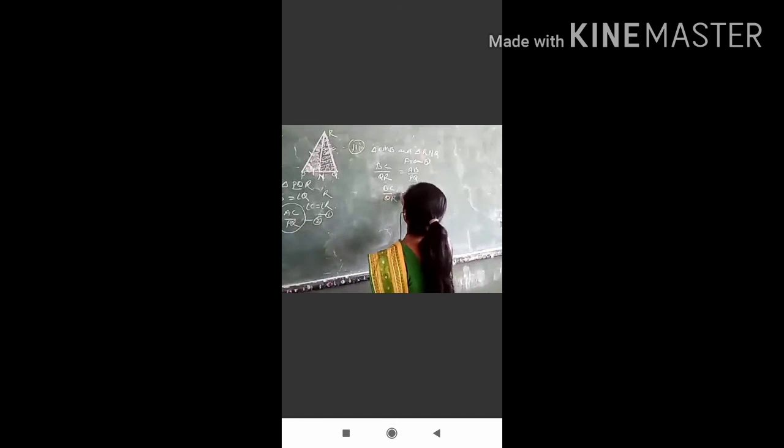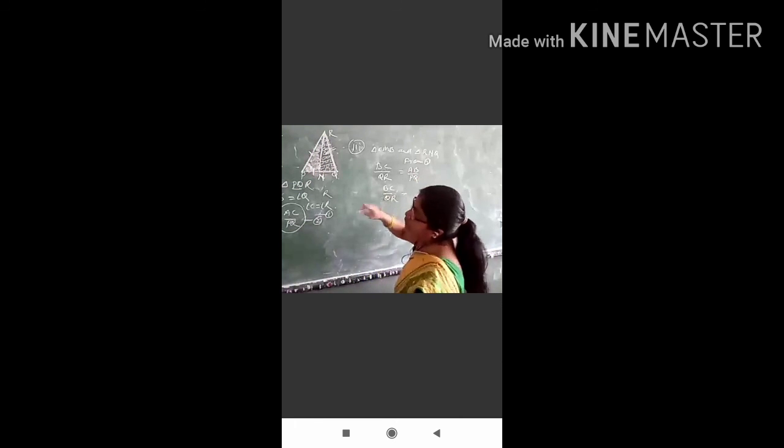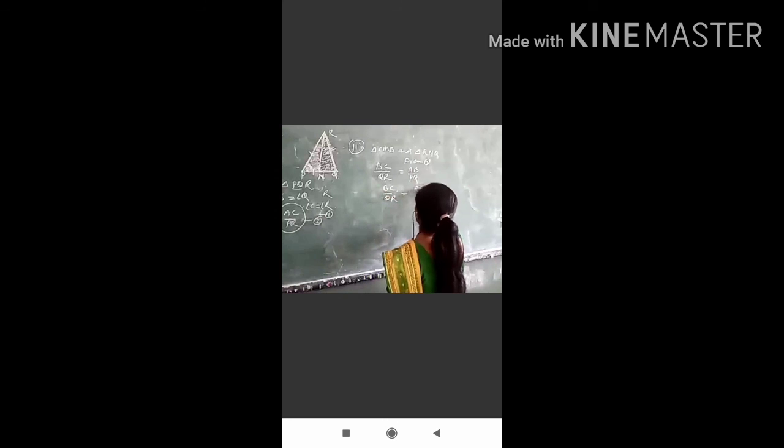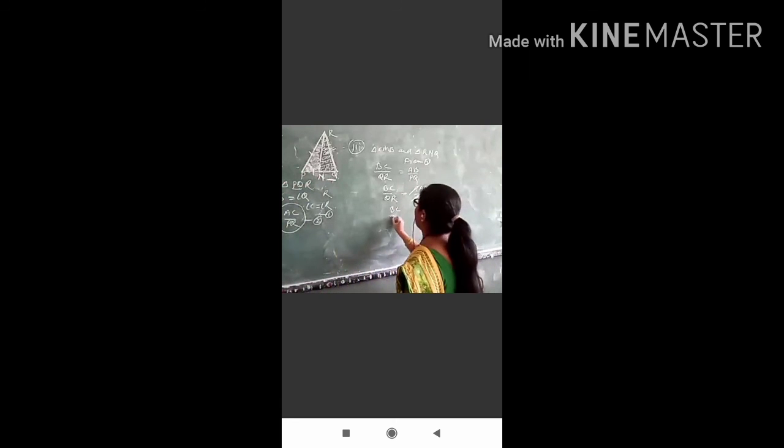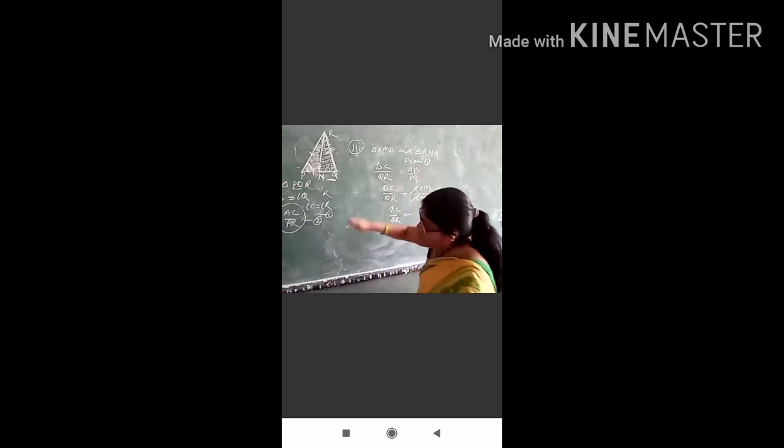Anybody can give it? It's a change in AB upon PQ. The replacement of AB we write as twice of AM, and for PQ we write twice of NQ. Here we needed AM upon PN, but this time we need MB upon NQ. So 2 cut by the 2. So BC upon QR from 1, and AB upon PQ, this time these two we added.